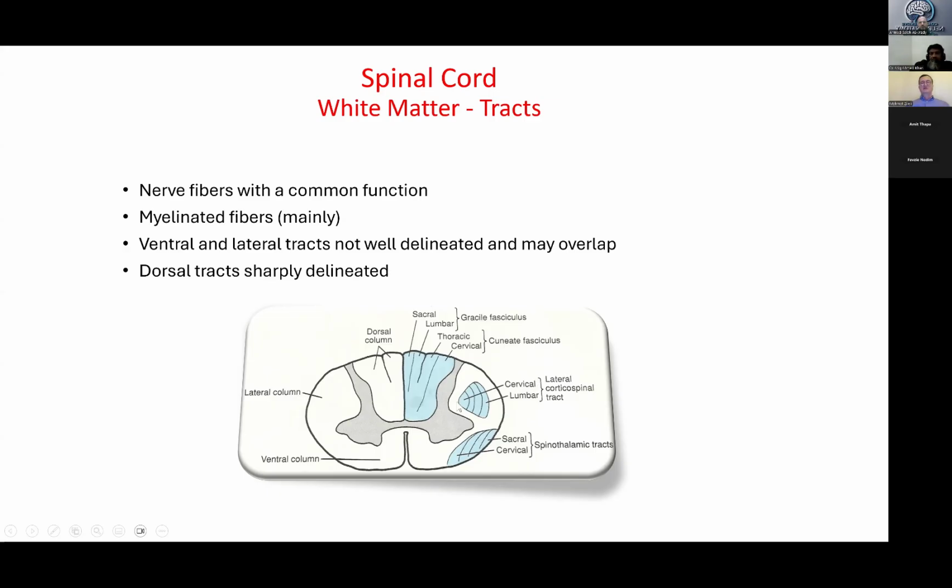The lateral corticospinal tract is here. This is, as you know, the tract coming from the premotor cortex down to the second motor neuron. And the spinothalamic tract represents pain and temperature sensation, and it is placed in a very wide region.